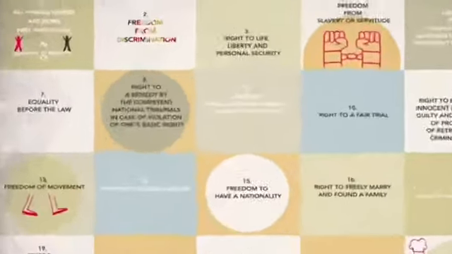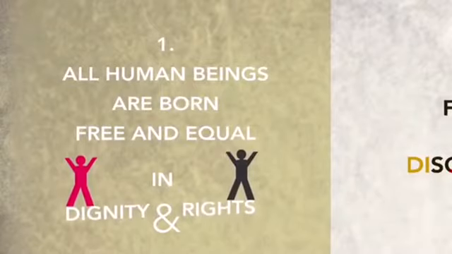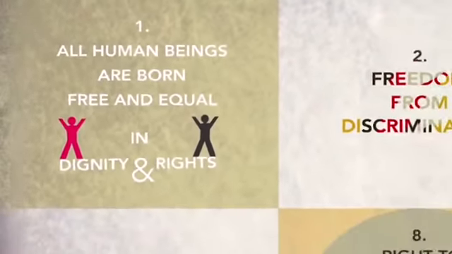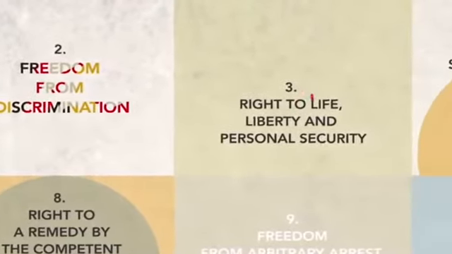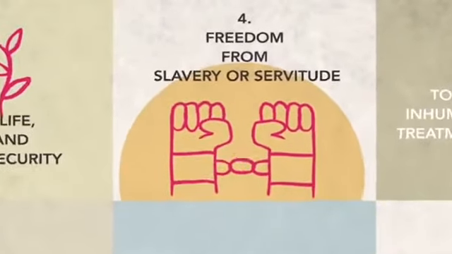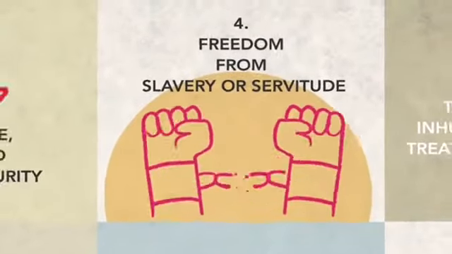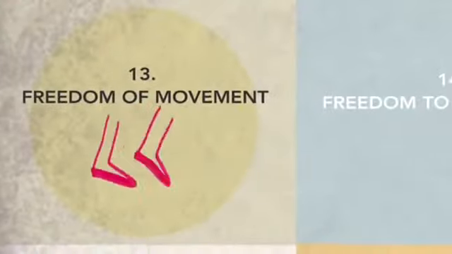The Declaration is based on the principle that all human beings are born free and equal in dignity and rights. It lists 30 articles recognizing, among other things, the principle of non-discrimination and the right to life and liberty. It refers to negative freedoms, like the freedom from torture or slavery, as well as positive freedoms, such as the freedom of movement and residence.